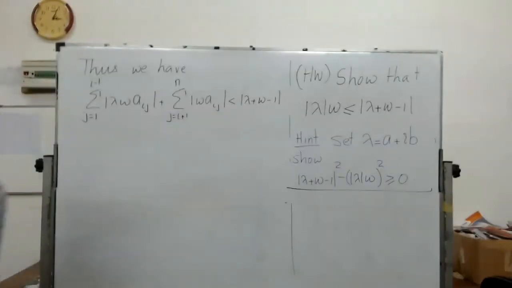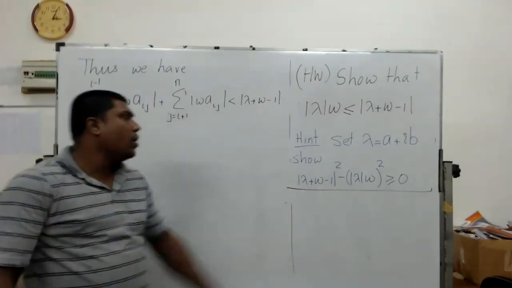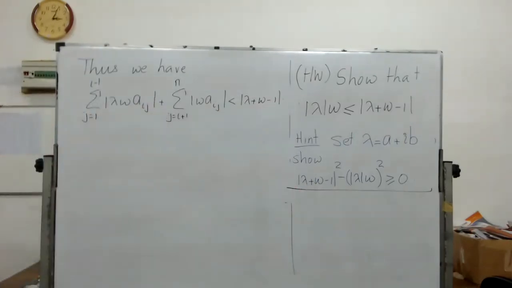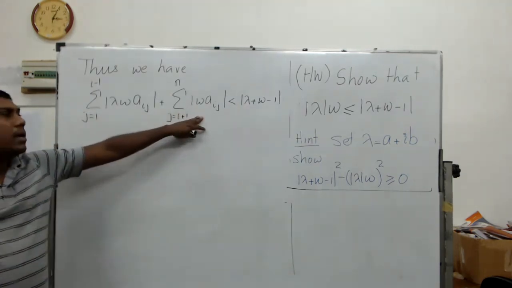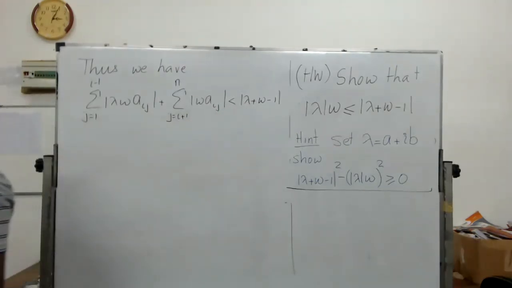Eventually, if you finish this exercise, you would have ended up with this line, by using what we wrote earlier. So we have the summation of j running from 1 to i minus 1, lambda omega a_ij, that is the lower triangular part, and this is the upper triangular part, is strictly less than the diagonal part. So that is clearly the condition for the matrix being strictly diagonally dominant.